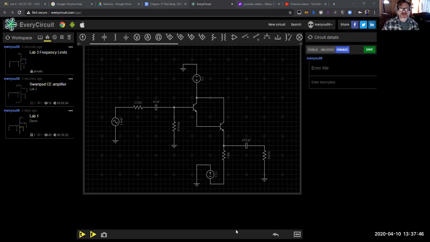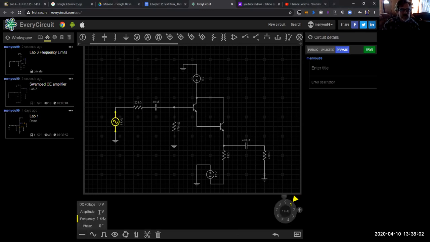Moving on to that, what they want us to do is go ahead and use a 1 kilohertz sine wave and apply a signal source and adjust it to achieve a source voltage of 2 volts peak to peak. Is it that? Let's find out, shall we?